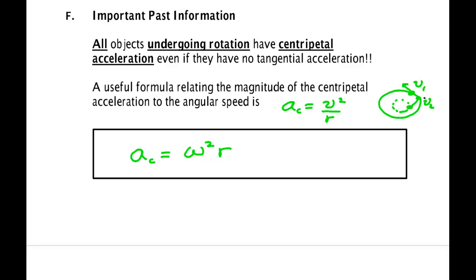So when I did it with v squared over r, I don't know which one has the bigger centripetal acceleration. But with this new formula, this one has a small r, but the same omega, so he has a smaller centripetal acceleration. The one out here has the bigger r, he has the bigger centripetal acceleration. It will be a greater force required to hold him on out there.